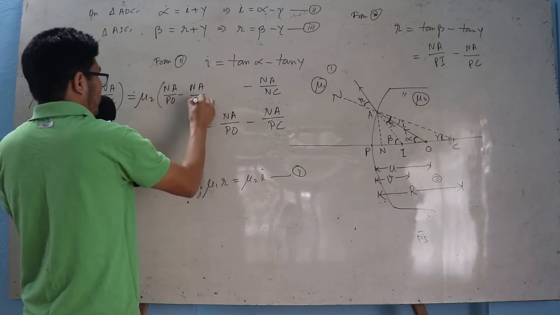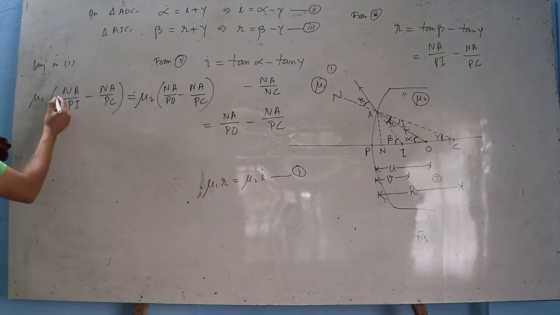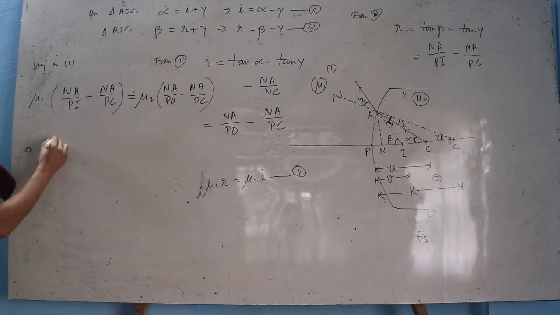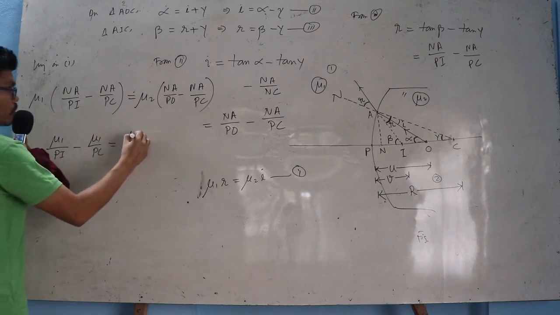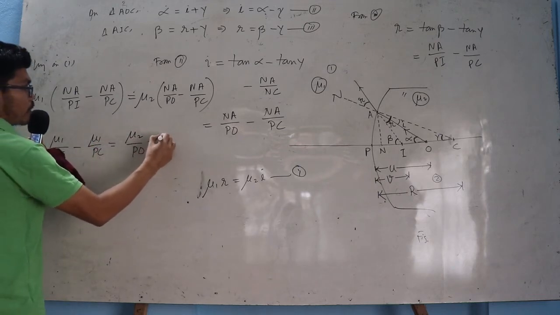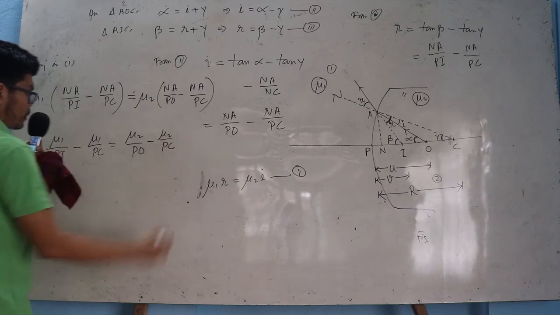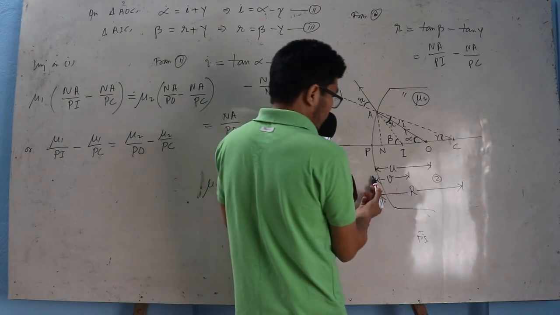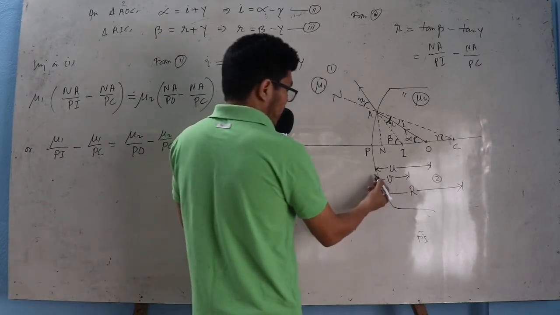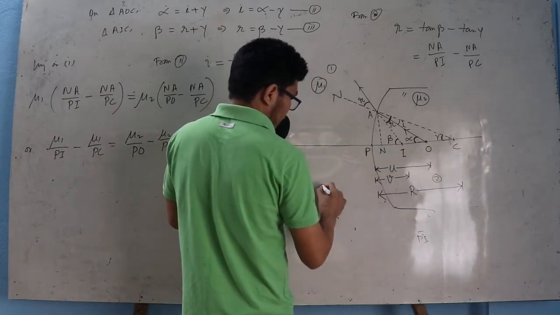NA will cancel at one time, leaving mu1 by PI minus mu1 by PC is equal to mu2 by PO minus mu2 by PC. Then PI, looking at this figure PI is equal to V.